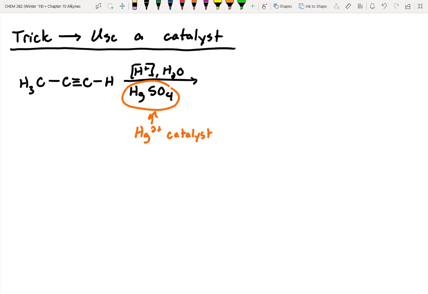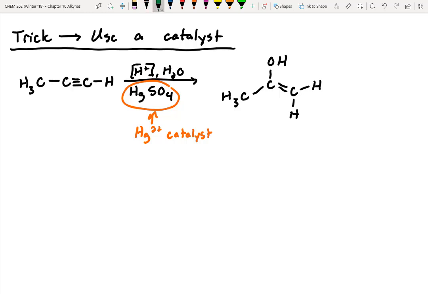And when you do this, you're still going to get Markovnikov hydration, right? Which means that your alcohol is going to come off the more substituted carbon, and your hydrogen is going to come off the less substituted carbon, and your intermediate would look like this, right?